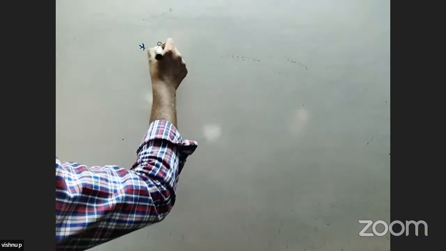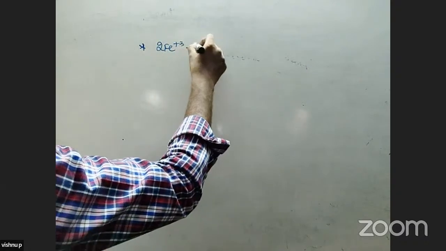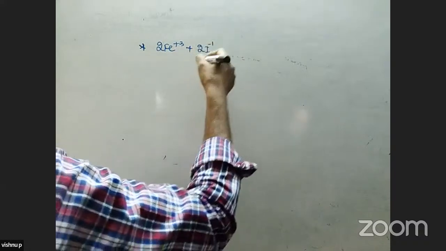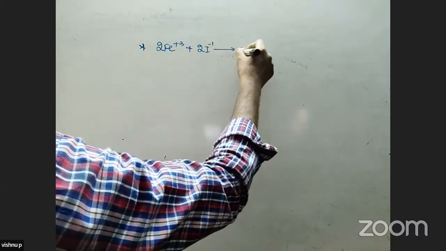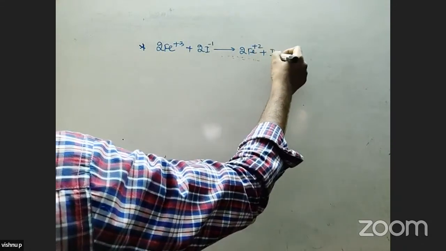So one example we discussed here, from previous questions: 2Fe3+ plus 2I minus gives 2Fe2+ plus I2.